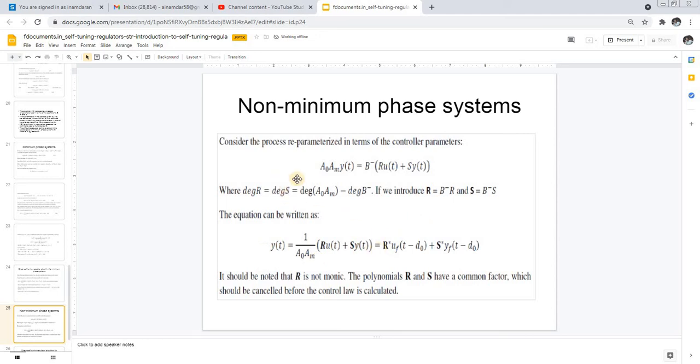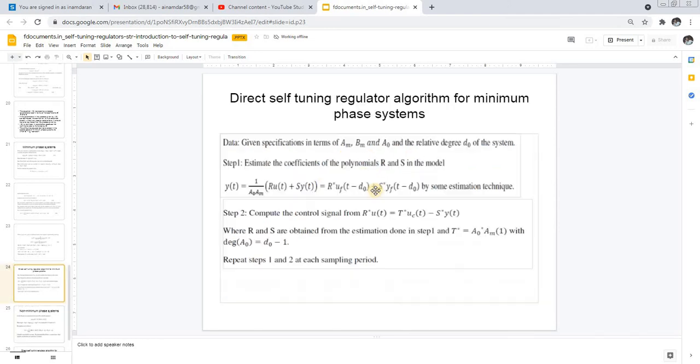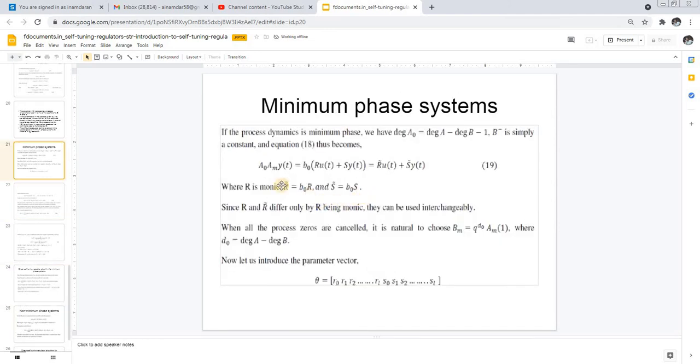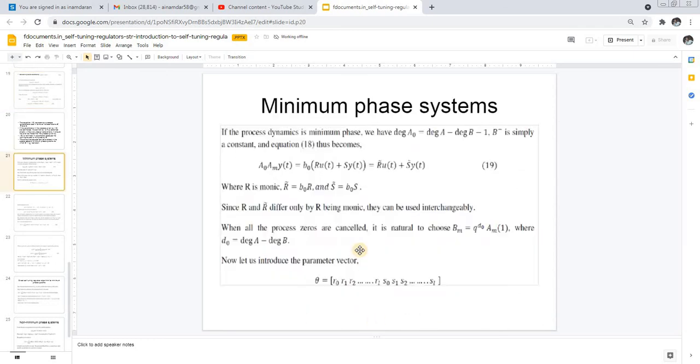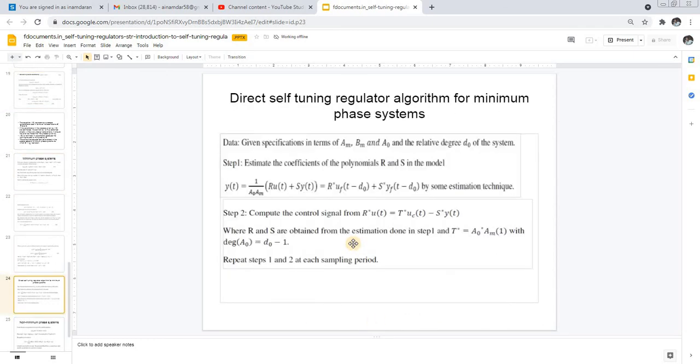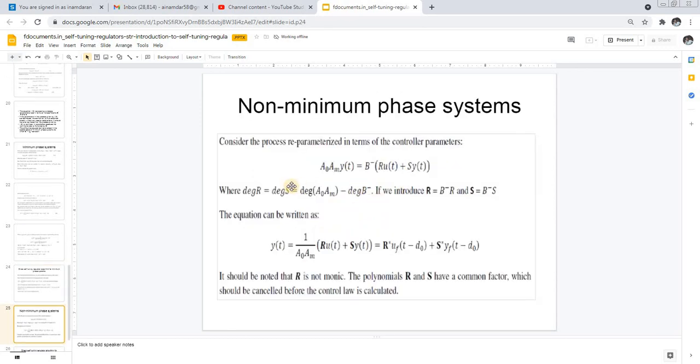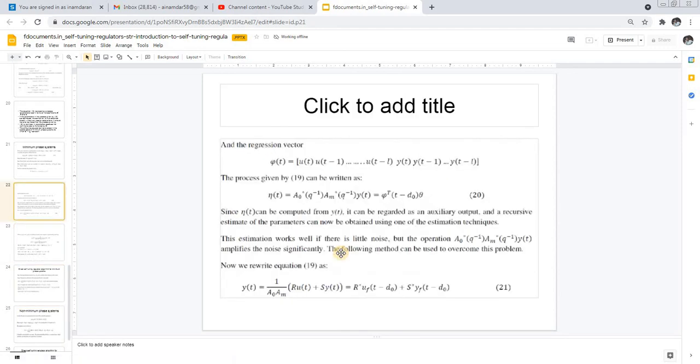So for non-minimum phase systems, how will the deterministic STR work? We have to consider again a process, which means equation number 18, where the degree of R is the degree of S. If you introduce R, again we have to choose equation number 21 here.